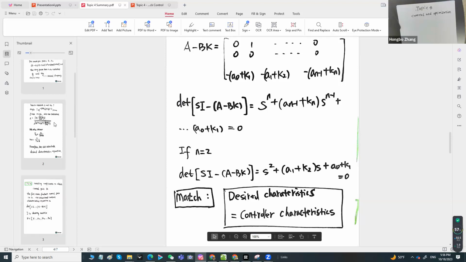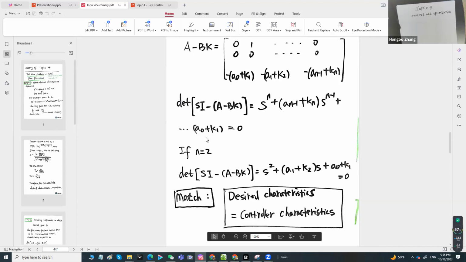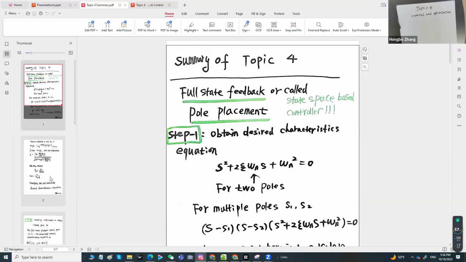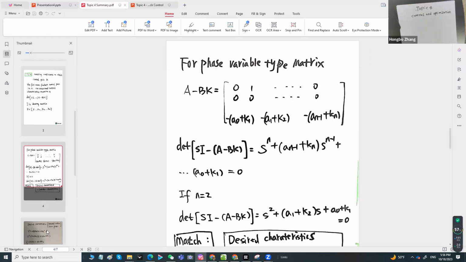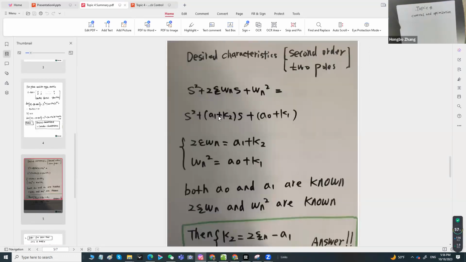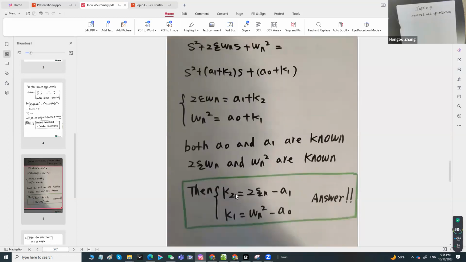Your desired equation for second order is this, and for the controller it is this. This one should equal this one, so you can match and solve K1 is this, K2 is this.